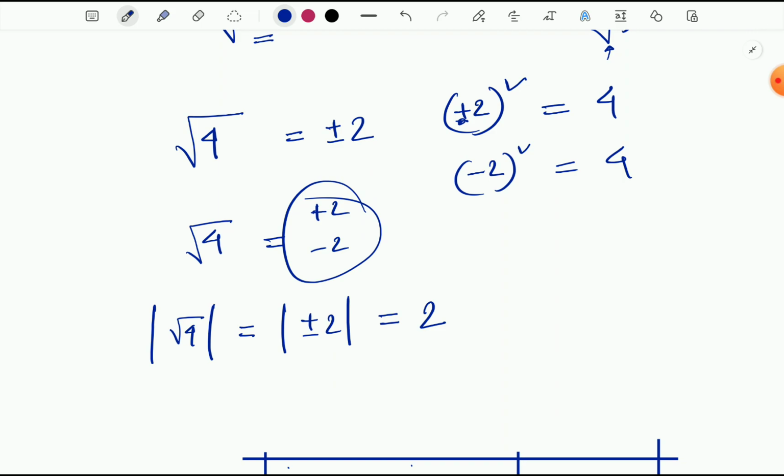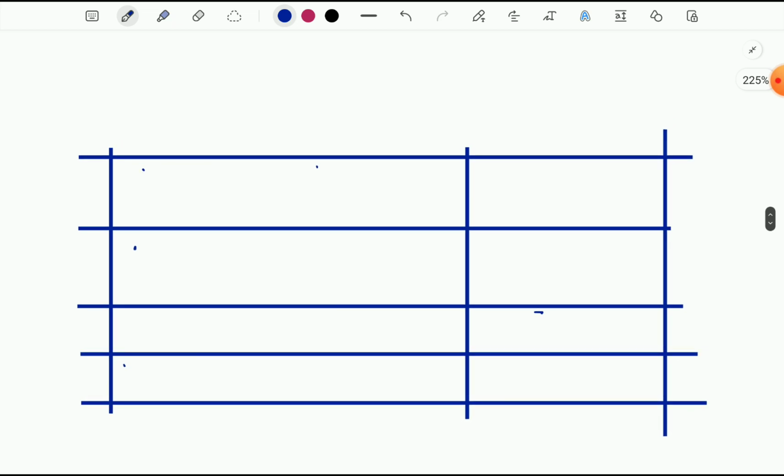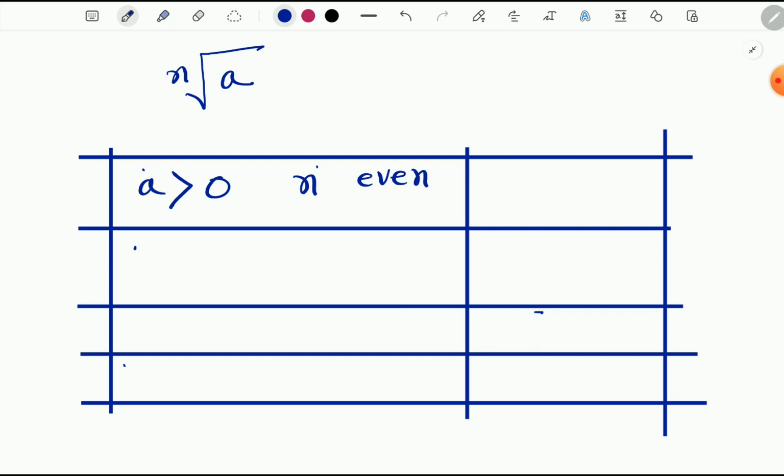Now let's discuss about some properties. As I already wrote, n root a. So when n is greater than 0, when a is greater than 0, n is even. N is even and a greater than 0.